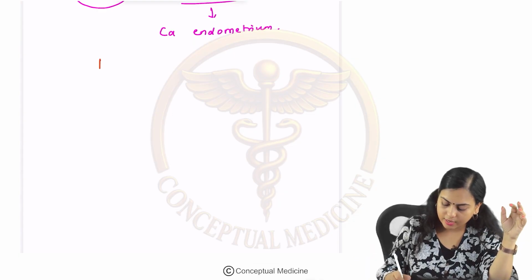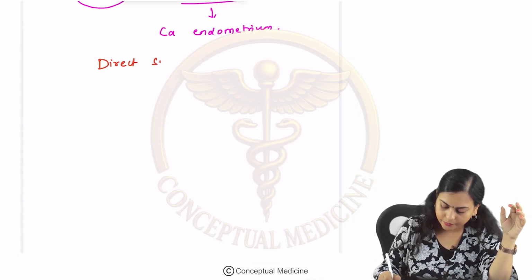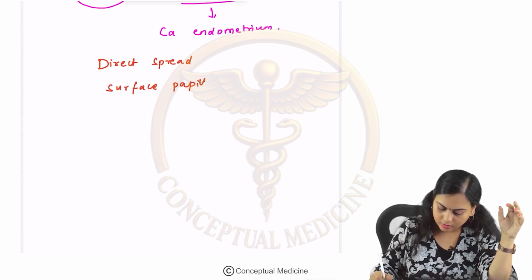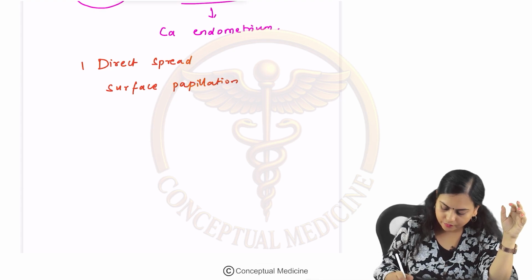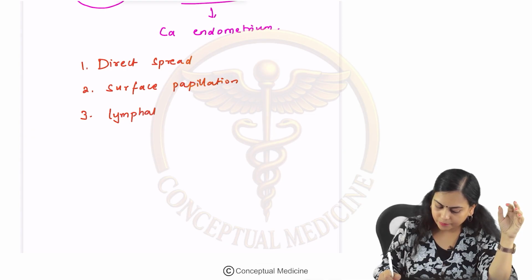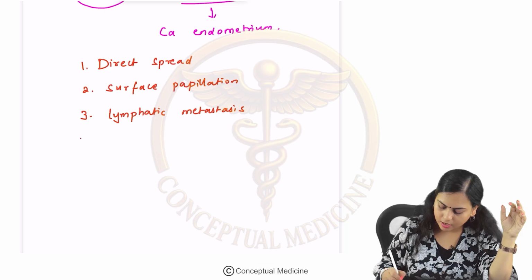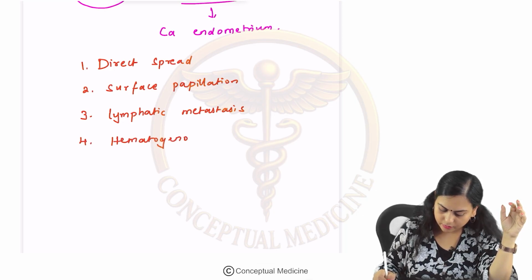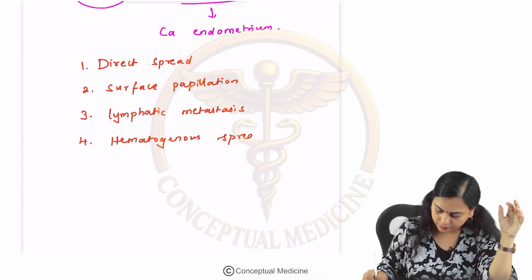There are 4 possible ways of spread to the ovary. Either direct spread, or surface papillation, or lymphatic metastasis, and then hematogenous spread.